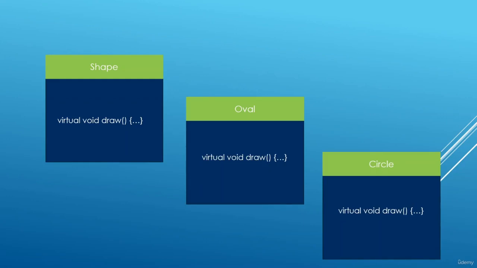So we are going to go at the oval level and set up another overload for the draw method here. But this draw method is not going to participate in shape polymorphism because it is really declared at the oval level, and any base pointer we have or any shape pointer we have is not going to have any knowledge of this overload that we are about to set up here. This is what I want you to know.